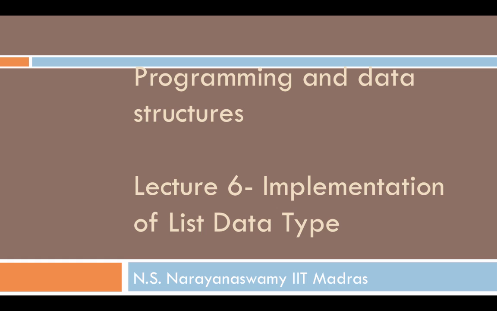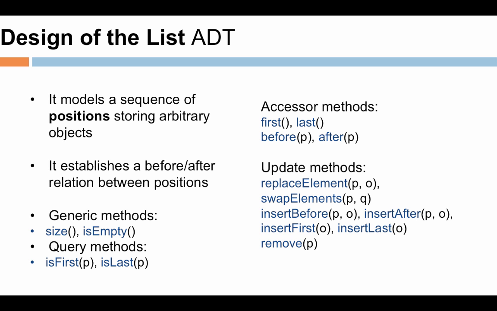All right, so let's complete the implementation of the list data type. In the last class, we essentially implemented the generic methods, the query methods, and the accessor methods.